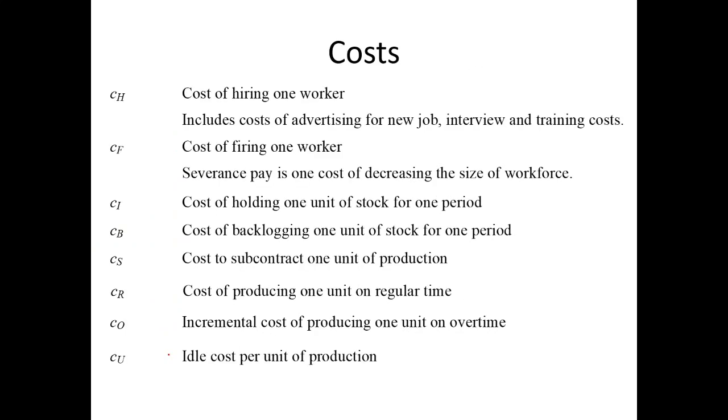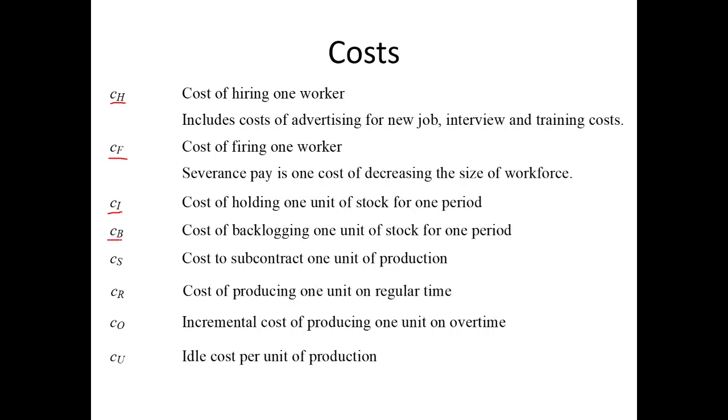We talked about the different types of costs that are involved in aggregate planning, and these include C sub H, the cost of hiring one worker, C sub F, the cost of firing one worker, C sub I, the cost of holding 1 unit of stock for one period, which is sometimes called the inventory holding cost.